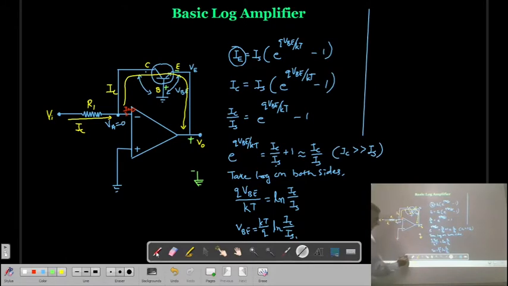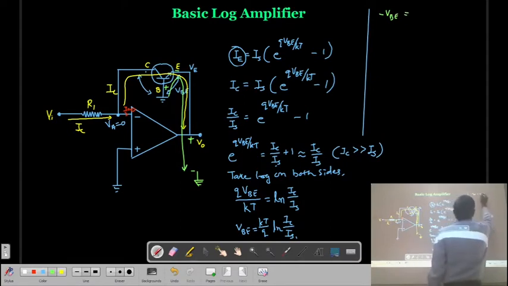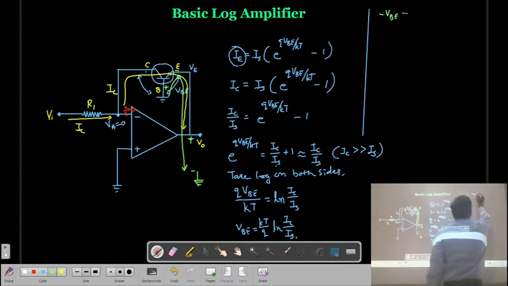So if you apply Kirchhoff's law here, then we can write minus VBE is equal to minus VB from positive to negative, then plus, now here also it is minus VO.